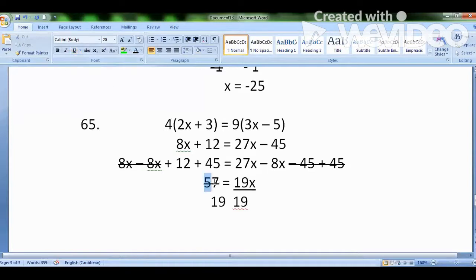I was still looking at the 19. So 19 cancels out right there, and 57 divided by 19 is 3. So therefore x equals 3.